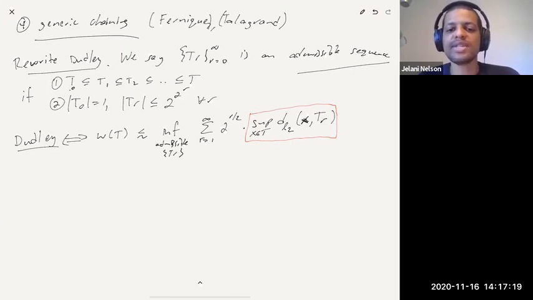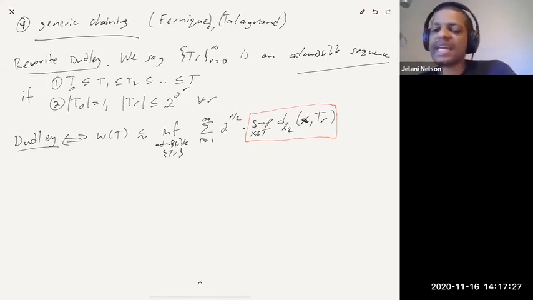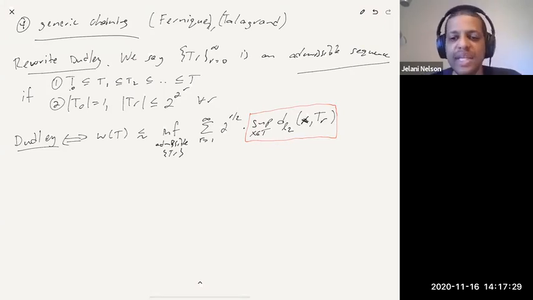So if you're trying to minimize the sup over x in T of the distance to T_r, basically what you're trying to do is, given this budget of how big the set can be, make it the best epsilon net it can be under that size constraint. Like make epsilon as small as possible. Okay. So then you should think of that sup of the distance as being epsilon.